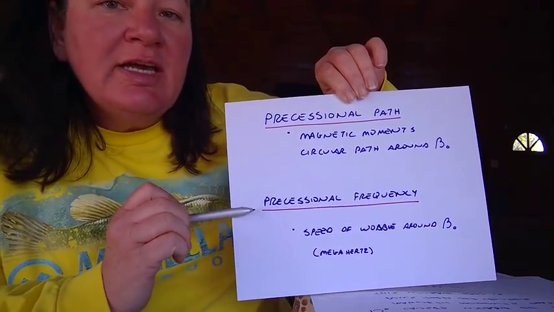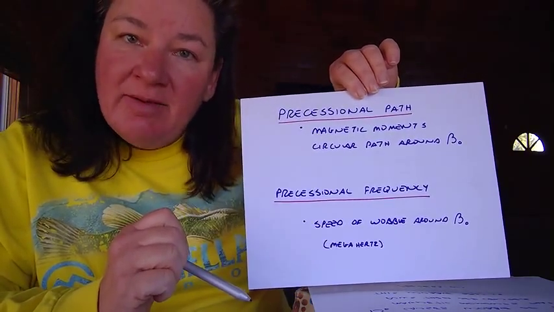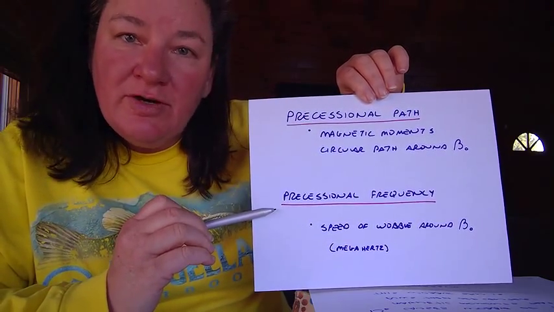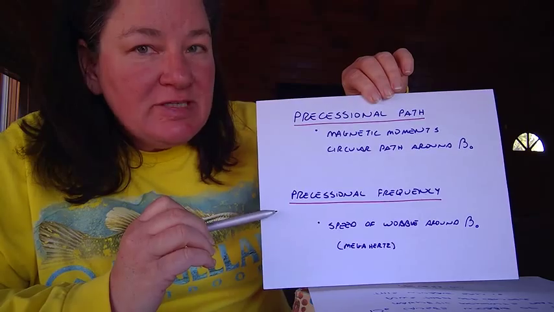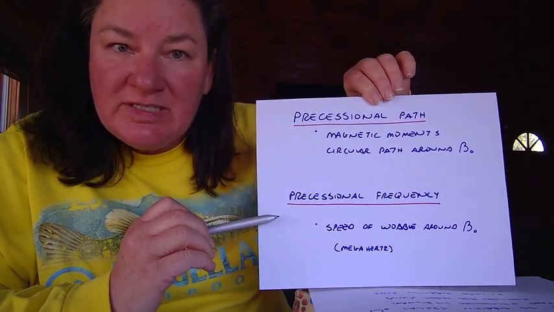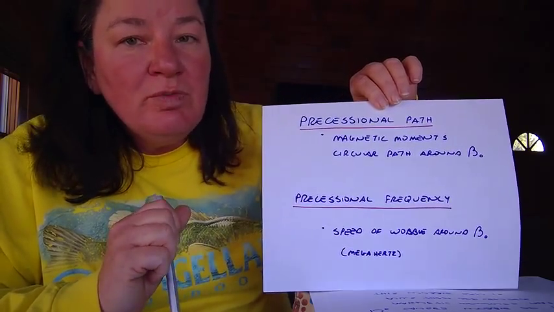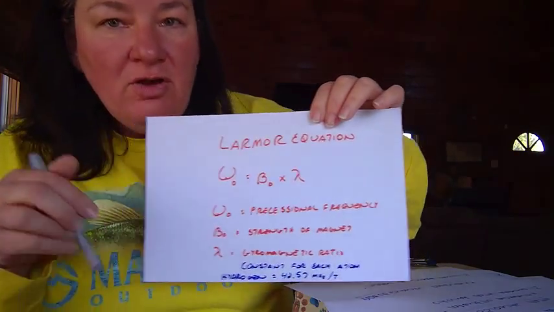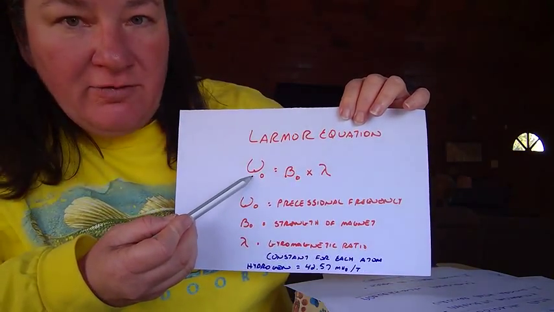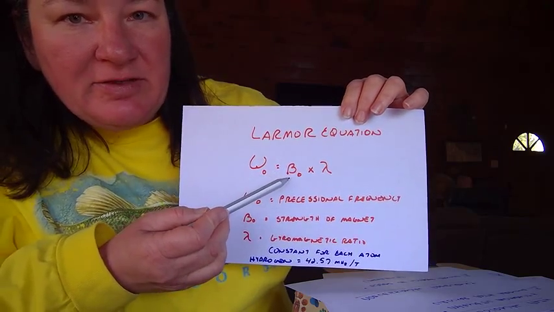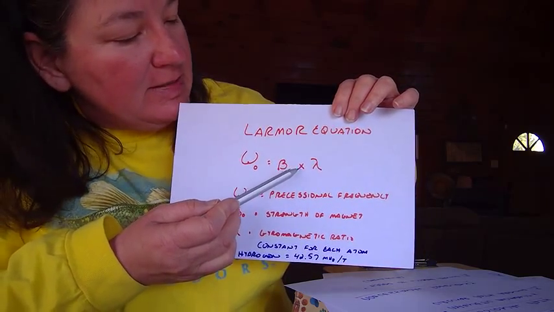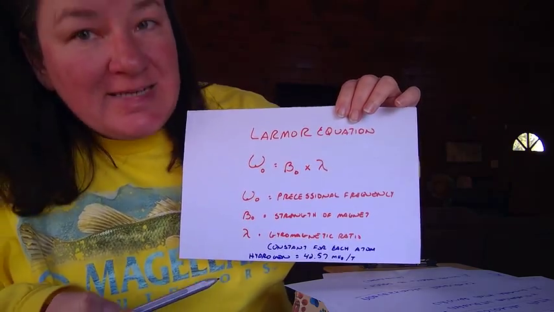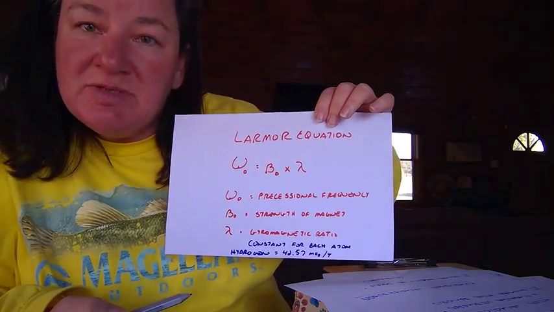Because you're looking for a specific atom in the body, and each atom has its own precessional frequency, to find the specific precessional frequency of hydrogen, which is the one we use in MRI, you use the Larmor equation: your precessional frequency equals the strength of the magnetic field times your gyromagnetic ratio. That's how you get your hydrogen atom specifically.